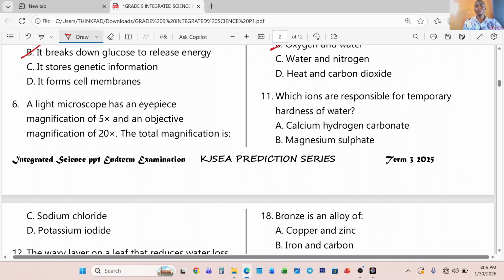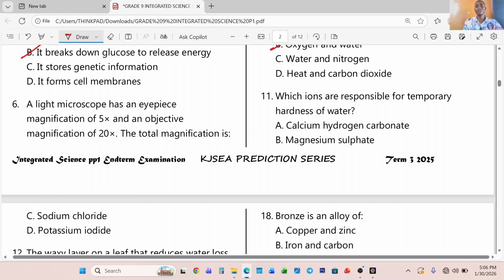Question 11. Which ions are responsible for temporary hardness of water? We have two types of water hardness, the temporary water hardness and the permanent.